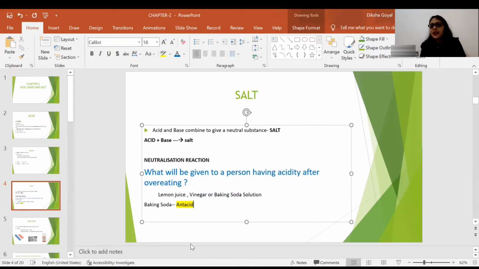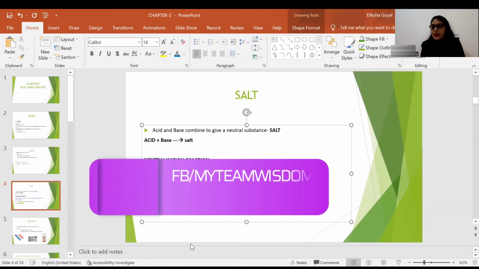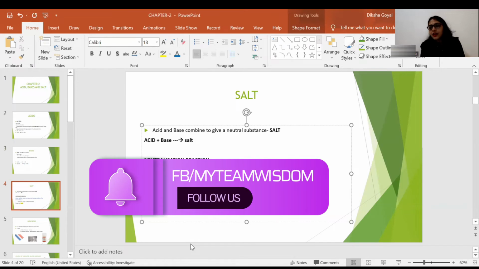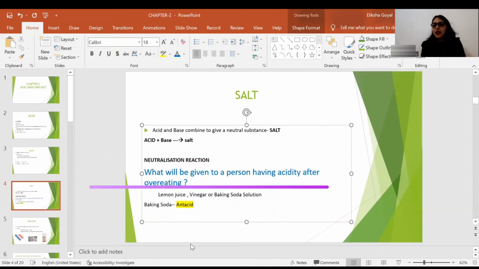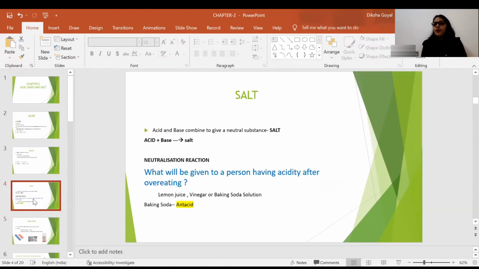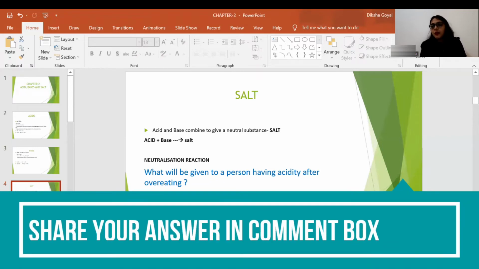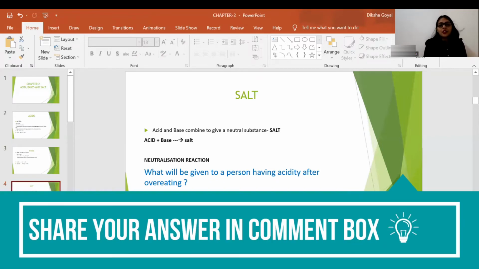Okay, so this we have studied till now: what we mean by acid, what we mean by base. When they combine, they give a salt, which is a neutralization reaction, right? Now, before moving to the next slide, can you tell me some antacids from our daily life? Many of you must have taken that also.